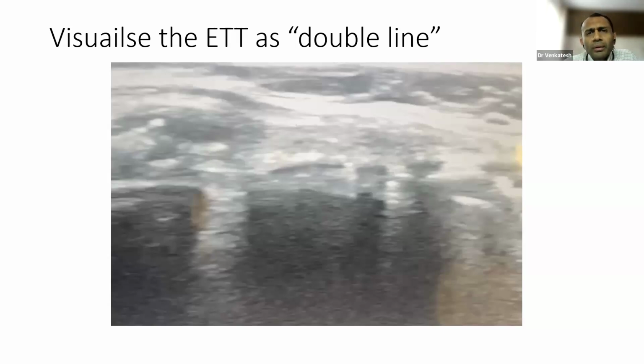Two schools of thought. One, in ECMO, better to do surgical tracheostomy. Few people prefer to do surgical tracheostomy because you achieve adequate hemostasis. Because we have seen even a small blood vessel can lead to catastrophic bleeding.